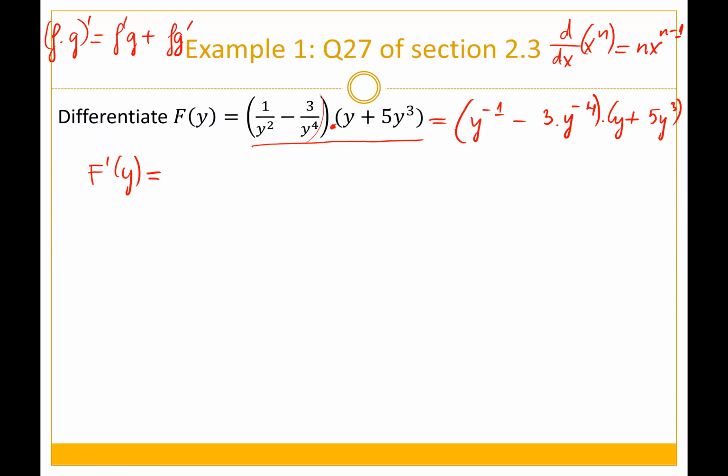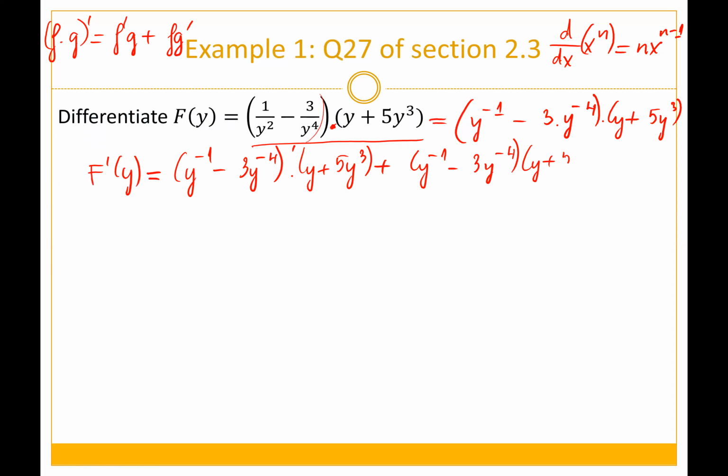So we find the derivative of this part multiplied by y plus 5y cubed, plus y to the negative 1 minus 3y to the negative 4 times the derivative of y plus 5y cubed.